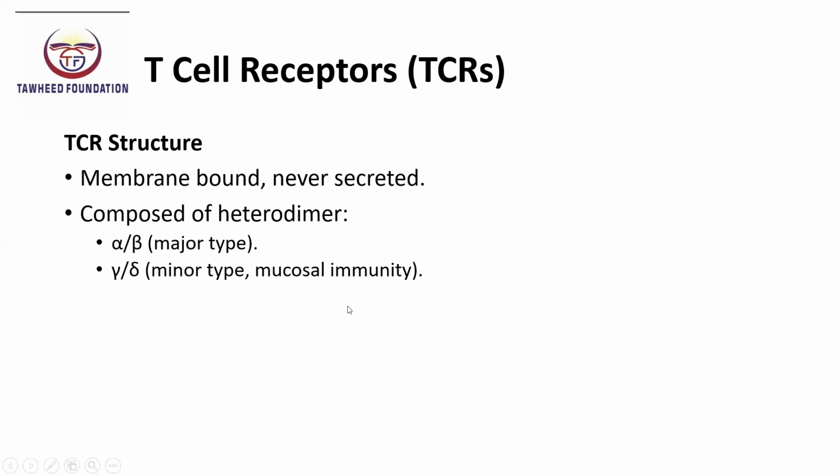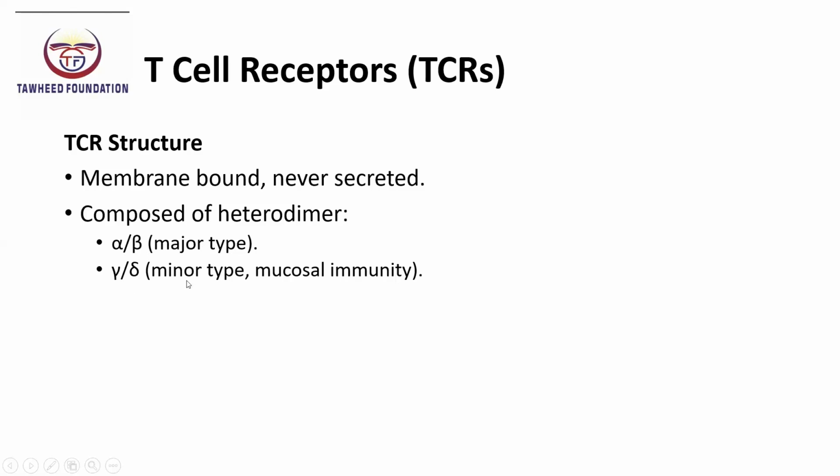TCRs exist in two main forms, that is TCR2, that is alpha and beta, which is the major type. It is composed of alpha and beta chains. It is found on the majority of T cells in circulation. It recognizes peptide antigens presented by MHC molecules, and it is responsible for most antigen-specific adaptive immune responses.